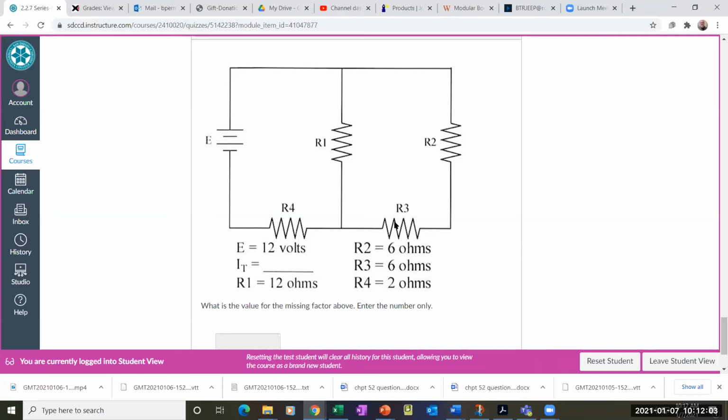Mr. Brian, the question says R1 is 12, R2 is 6. So they're not the same for parallel. Well, look at where they are. R2 and R3 are parallel to R1, right? Because from here to here is a circuit, and from here to here is a circuit.